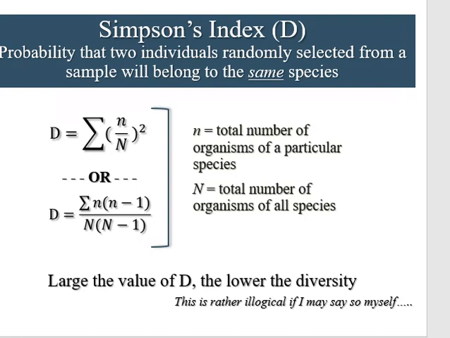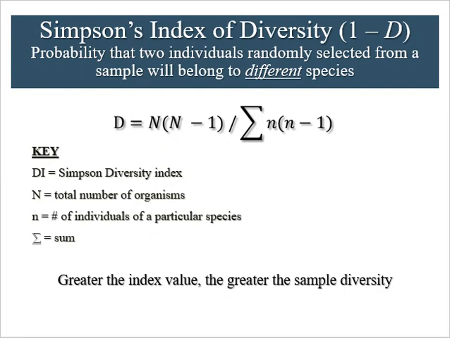your D value is often subtracted from 1 to give what is called the Simpson's Index of Diversity, denoted as 1 minus D. In this case, the index represents the probability that two individuals randomly selected from a sample will belong to different species. So the Simpson's index that I just discussed before, again, is the probability that they will belong to the same species.